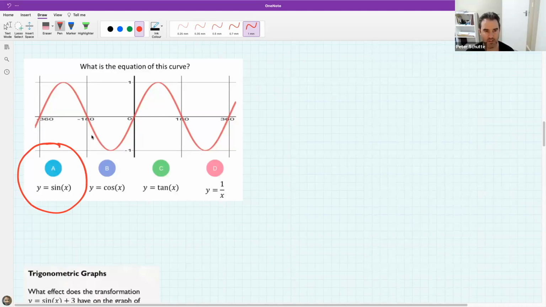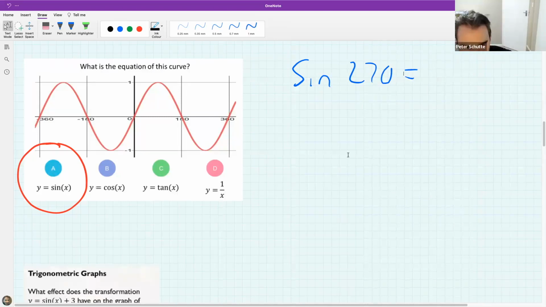And if you put into your calculator, let's do a little exercise. I want everyone to put 270 in your calculator and tell me what you get, and then we'll compare it to the graph and see if it makes sense. What do we get for the sine of 270? So according to your calculator, we get -1.